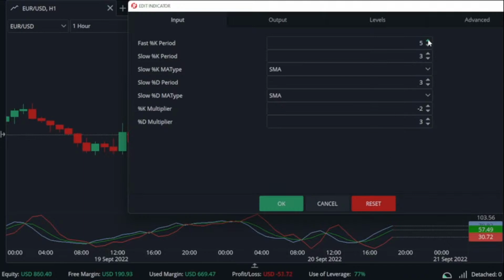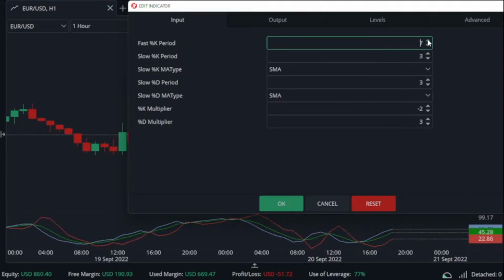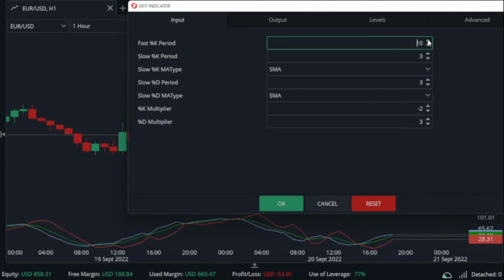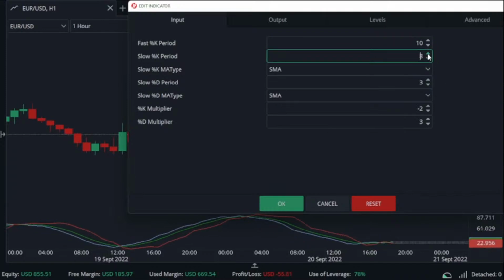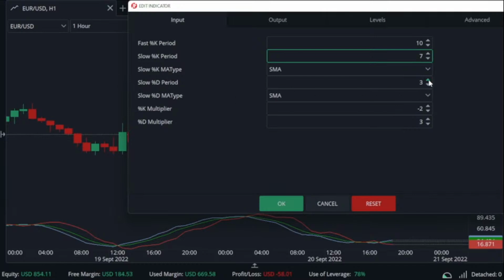If you want to increase it, you can increase these parameters, and depending on that, the output of these indicator will vary. The slow percent D period can also be varied similarly.